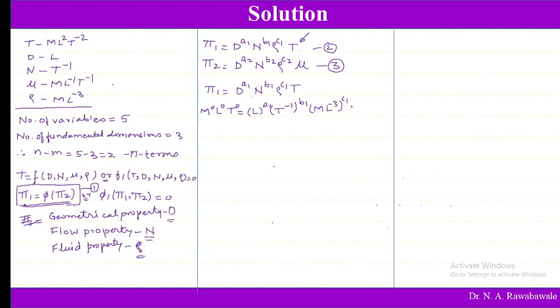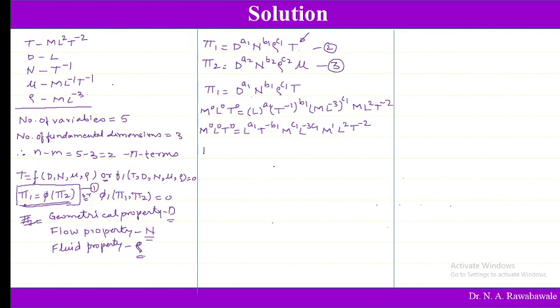Dimension for torque T is M L square T to the power of minus 2. On simplification, we get M to the power of 0, L to the power of 0, T to the power of 0 is equal to L to the power of a1, T to the power of minus b1, then M to the power of c1, L to the power of minus 3c1, M to the power of 1, L to the power of 2, T to the power of minus 2.